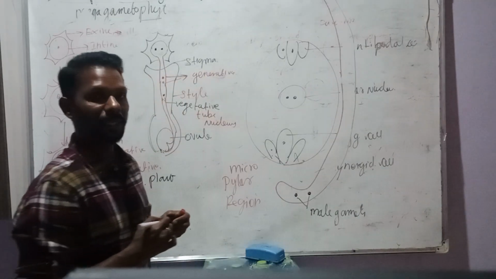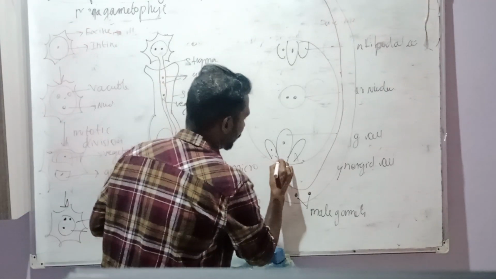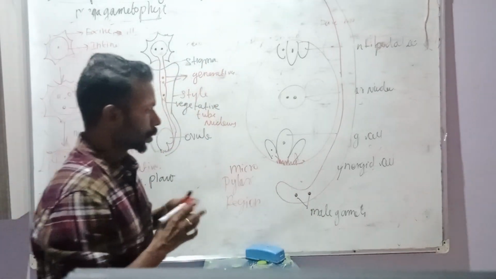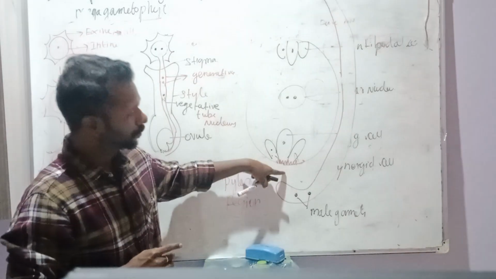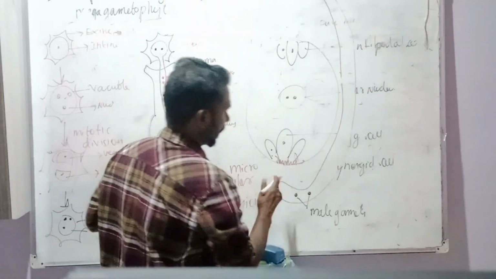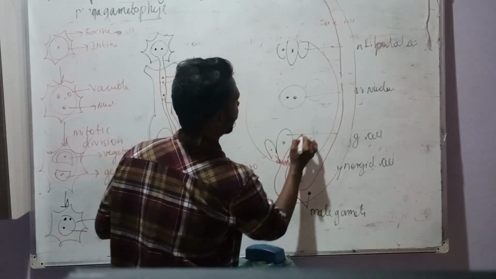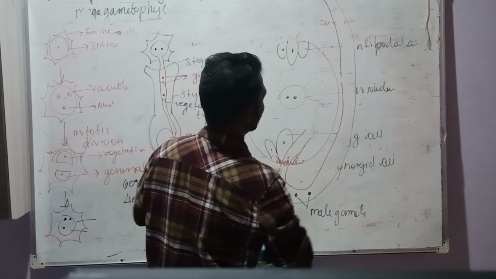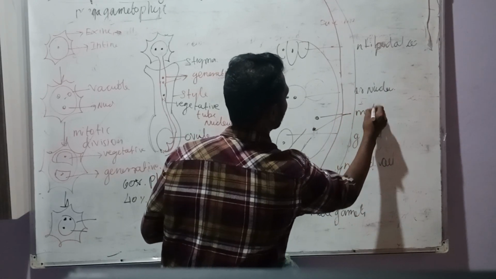Here there is a structure called the filiform apparatus, which guides the pollen tube into the embryo sac. As a result, the pollen tube enters the embryo sac and releases the two male gametes.